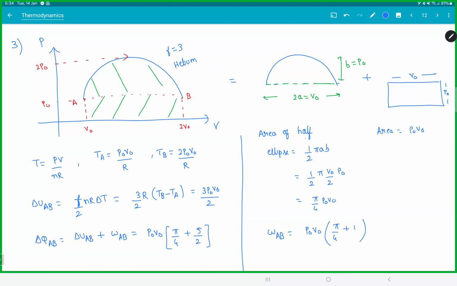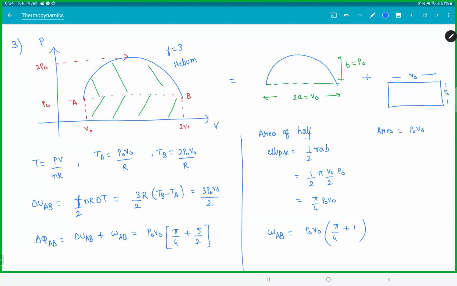You get all the steps. Any doubts on this? Please check out the steps.